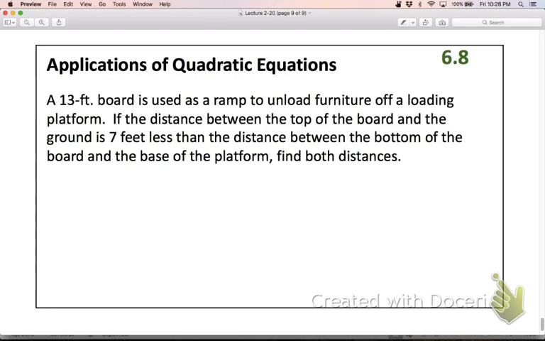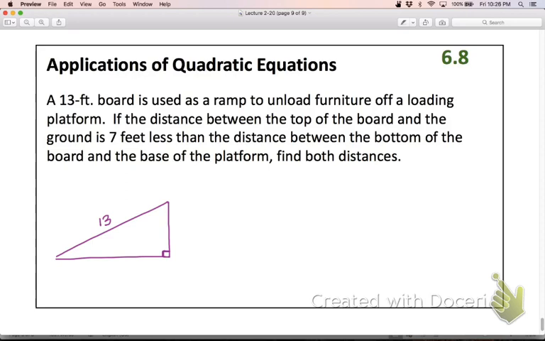But the way I process this is that I have some sort of ramp like this, okay? And so I have the distance between the top of the board and the ground, and then I have the ground. So this is where my right angle would be. We know that the board is 13 feet, so that's got to be the hypotenuse there.